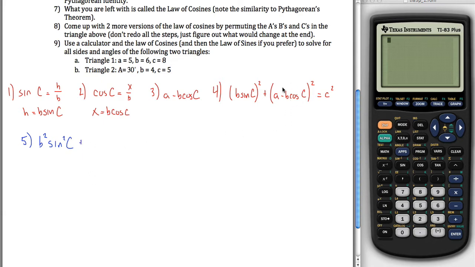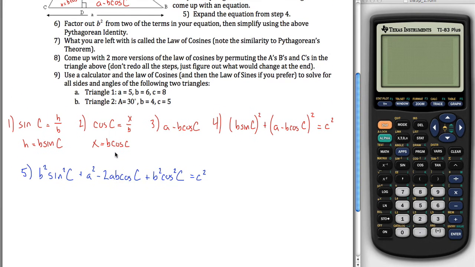And then this one, if I FOIL this all out, I'd get an a squared, minus 2 ab cosine c, and then I'd get this b cosine of c thing squared, b squared cosine squared of c. So if you take this and expand it all out, you get something that looks like this.